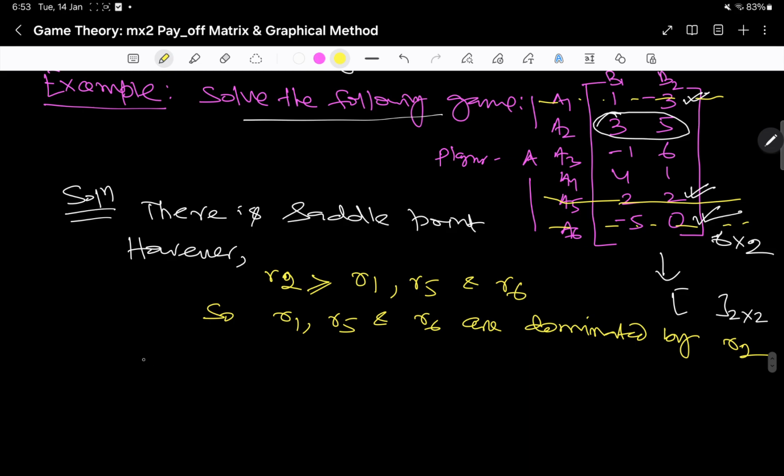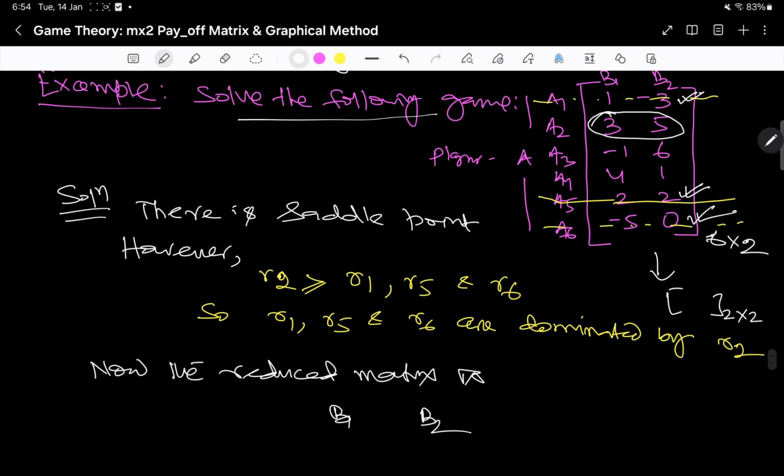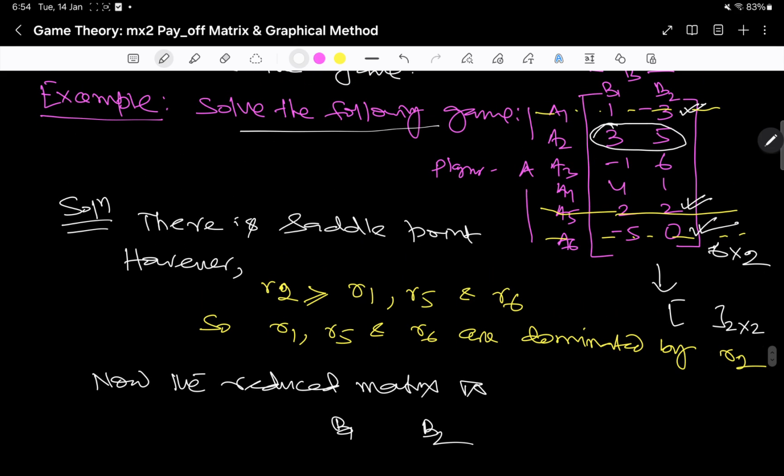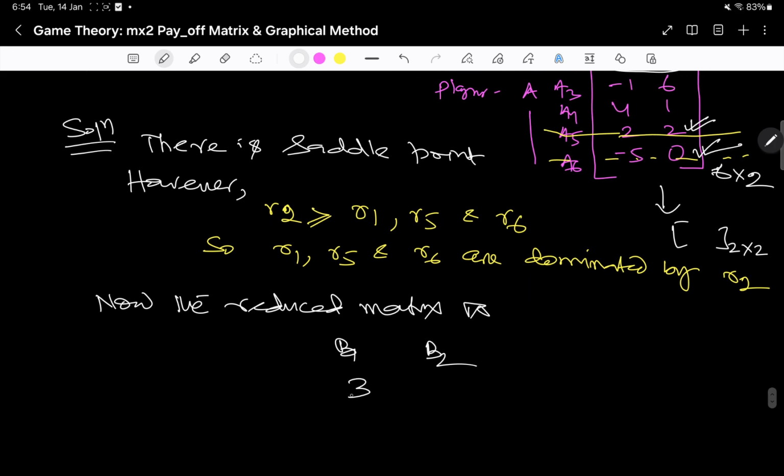Now the reduced matrix is here: B1, B2, and it has 1, 3, 5, -1, 6, 3, 5, -1, 6, and 4, 1. Okay, 4, 1.